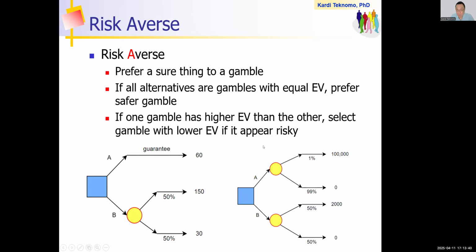But if you have two alternatives, both gambles with equal EV, you prefer the safer gamble. So if you are risk averse, here you choose A, and here you choose B. Of course, when one gamble has higher EV than the other, you select the one with lower EV if the other appears risky. Yeah, you are basically avoiding the risk.